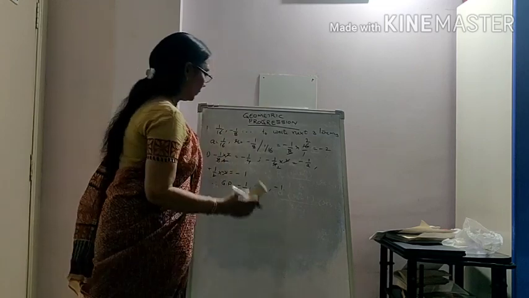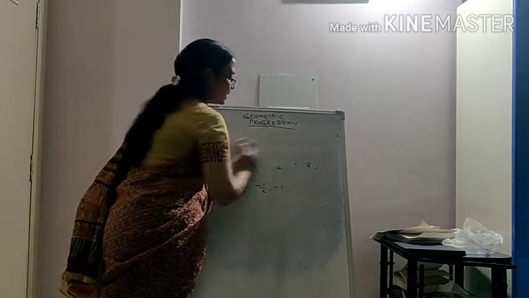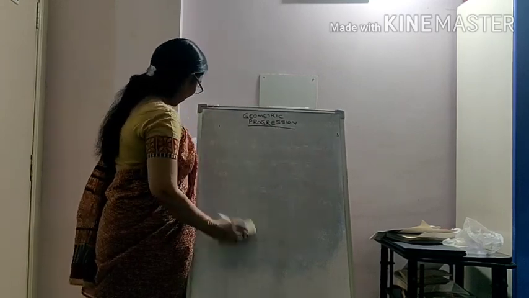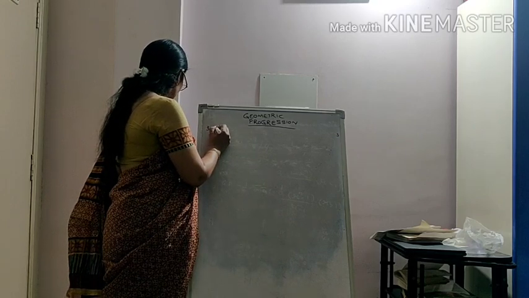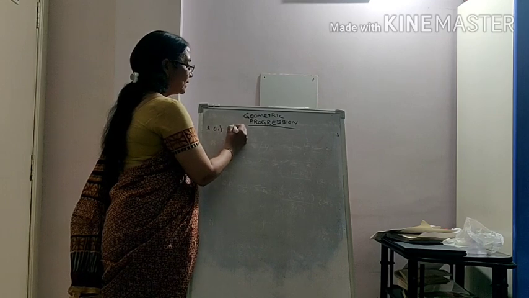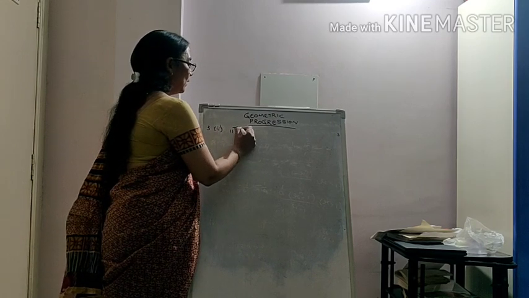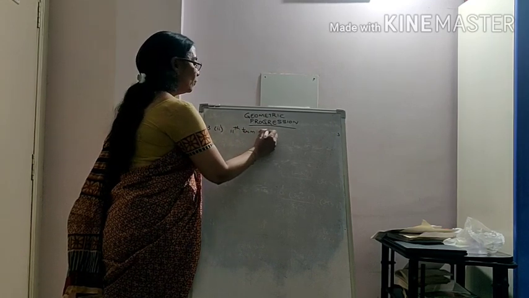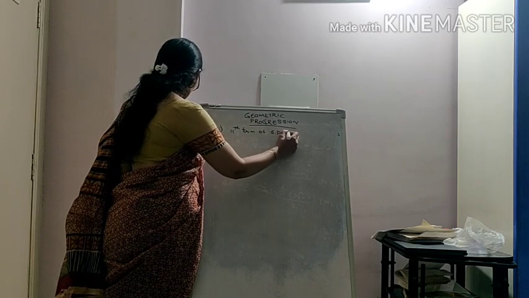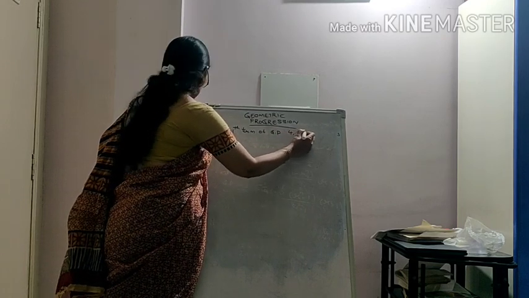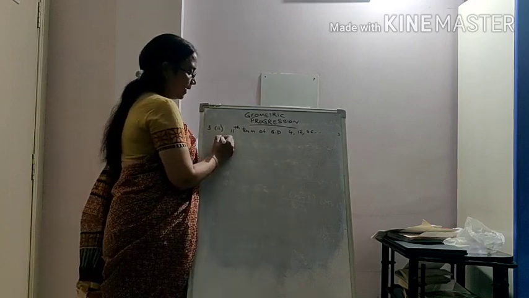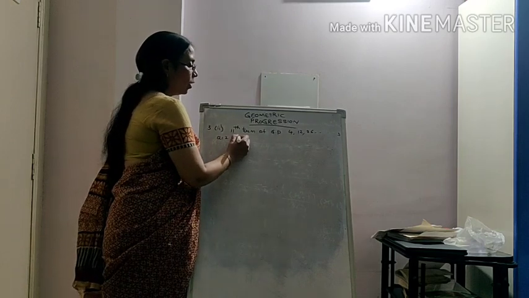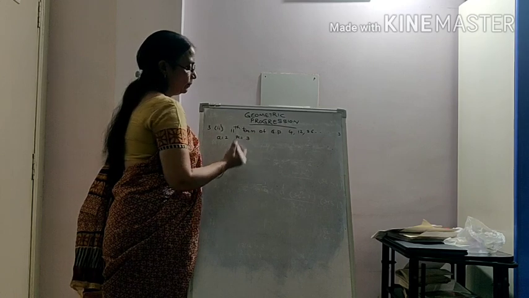Now if we want a specific term, like this is question number 3, second part, he is asking us to find out the 11th term of the GP 2, 6, 18 and so on. Here a is 2, common ratio is 3.